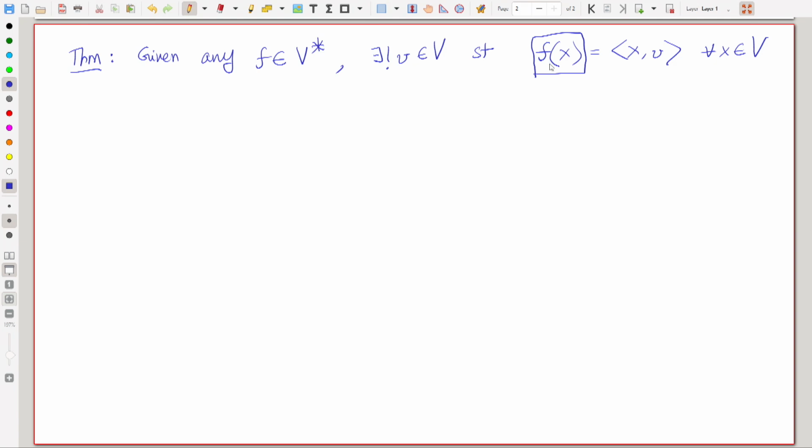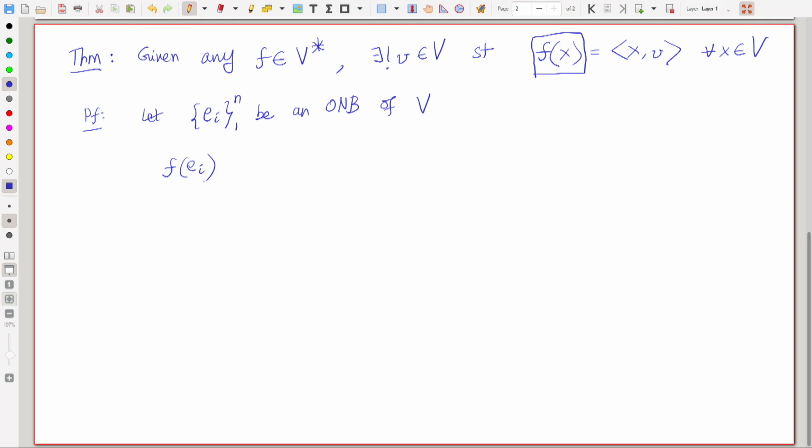Let us just prove this. The proof is more or less straightforward. The way we will do it is to take an orthonormal basis, for example. Let e_i be an orthonormal basis of V. What is it that we want? We want f of e_i.